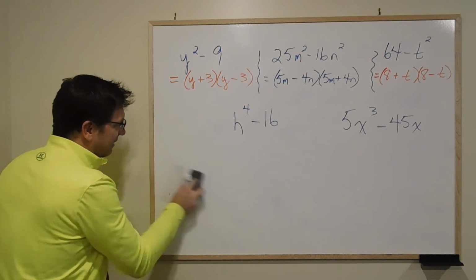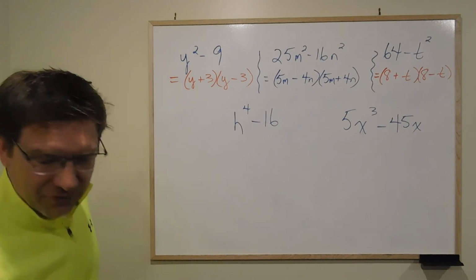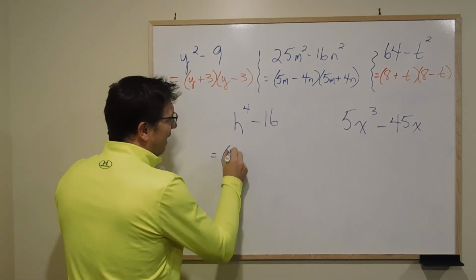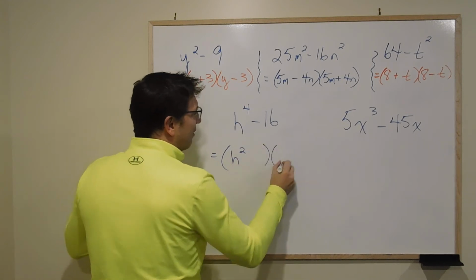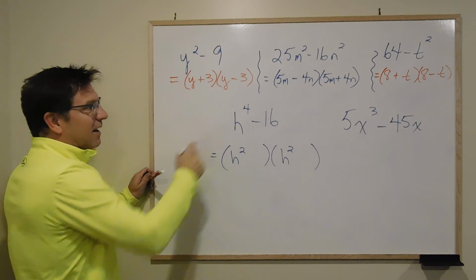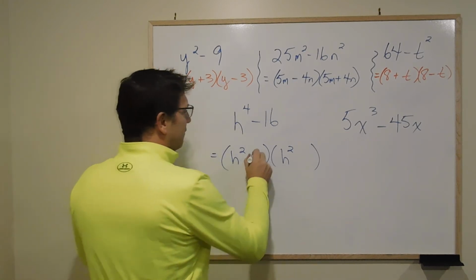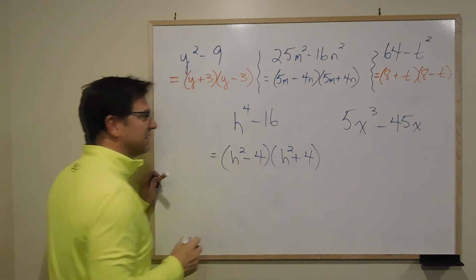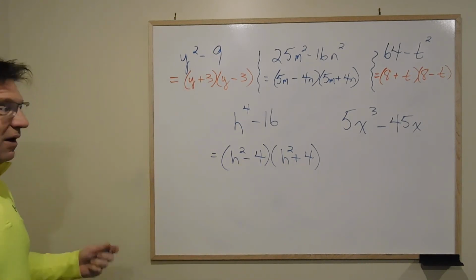So having looked at this, h to the 4, I can say this is h squared at the front of both brackets, h squared. Okay? Now 16, the square root of 16 is 4, and I need a plus and a minus. And then I'm done, right?